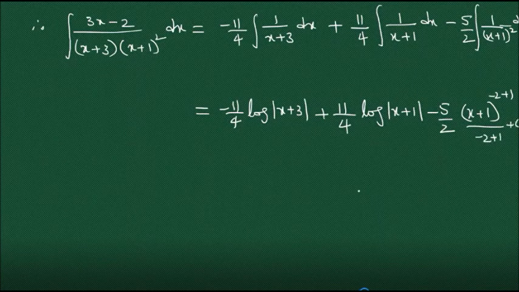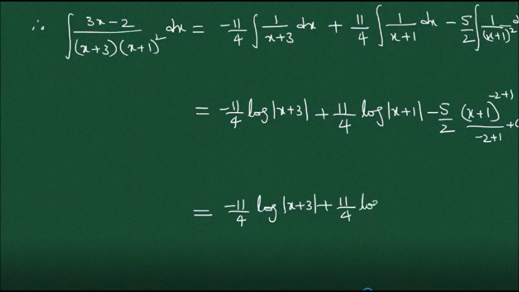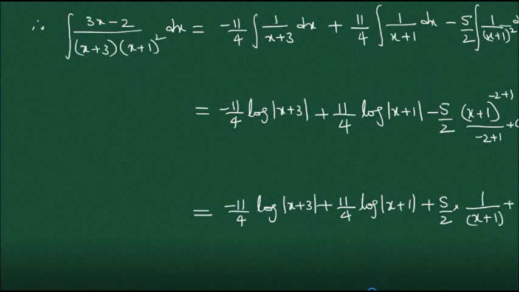Writing in a proper way: minus 11 by 4 log (x plus 3) plus 11 by 4 log (x plus 1), minus of minus is plus, 5 by 2 into 1 by (x plus 1), plus c. Hope you have understood the problem now.